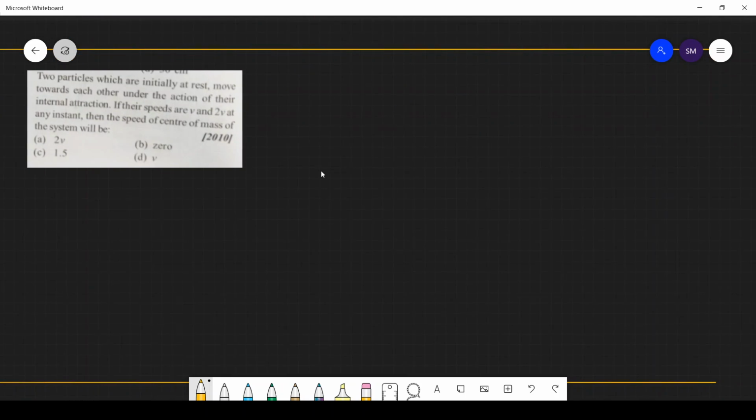Two particles which are initially at rest move towards each other. So we have two particles which were at rest, so it can be like q and minus q dash, two charges, and of course they attract each other. If at any particular instant t, one speed is v and the other speed is 2v, then the speed of center of mass of the system will be?